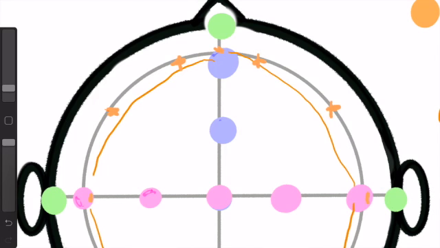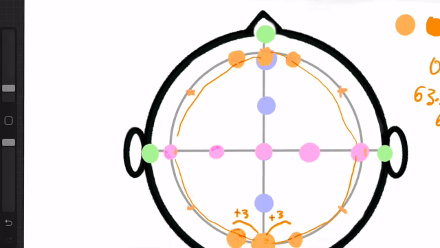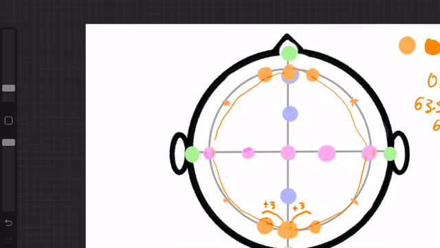So we're going to do 63.5 divided by 10, round it to 6, divided by 2 is 3, and starting from the middle point, which is the light blue, I'm going to go plus 3 on the left and then plus 3 on the right to get our points prefrontal 1 and prefrontal 2.